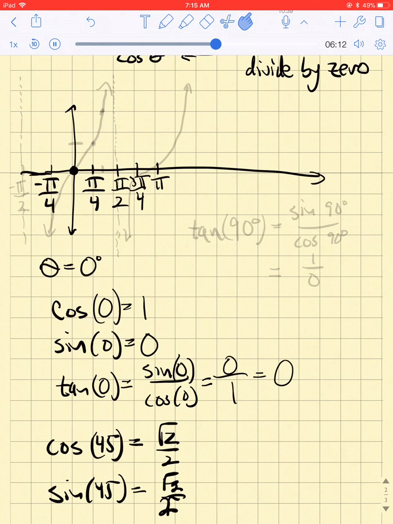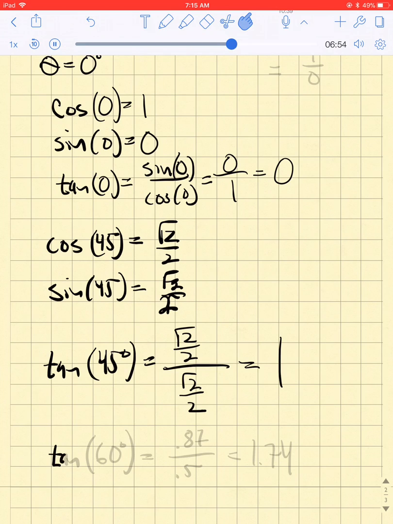Right? So I'll do one more. I'll do tangent of 60. For that one, we'll just look at the table up here for cosine and sine values and make the fraction. So we see cosine of 60 will be a half, and sine will be 0.87.